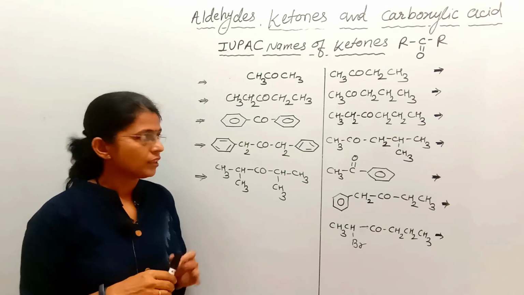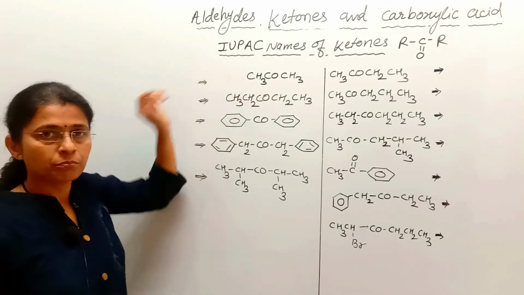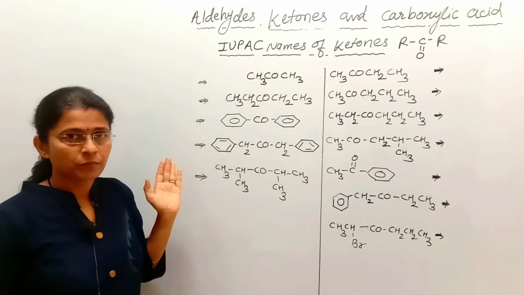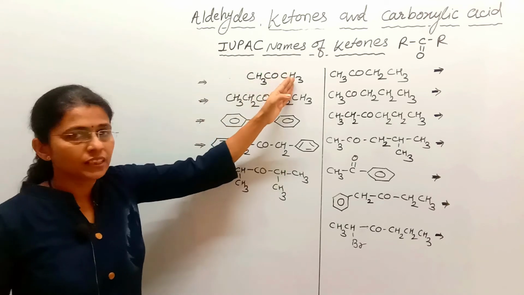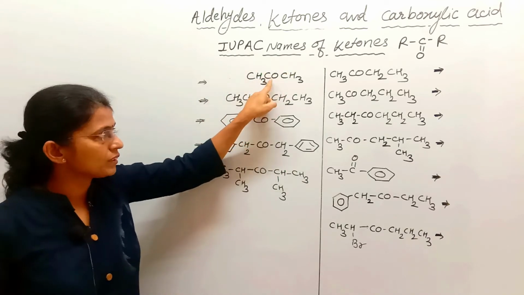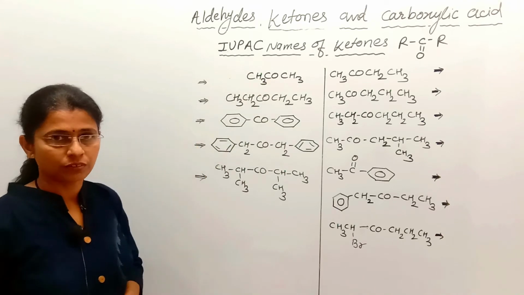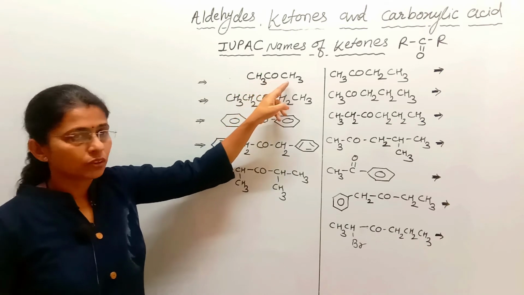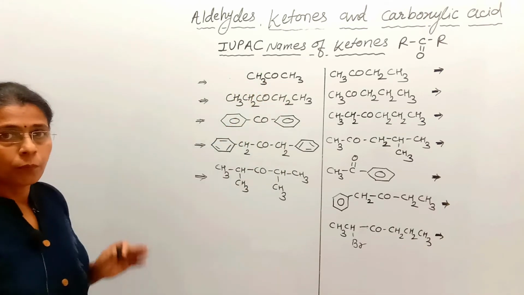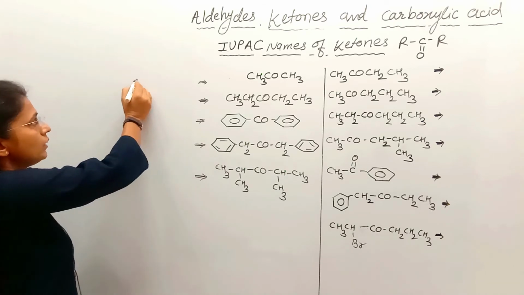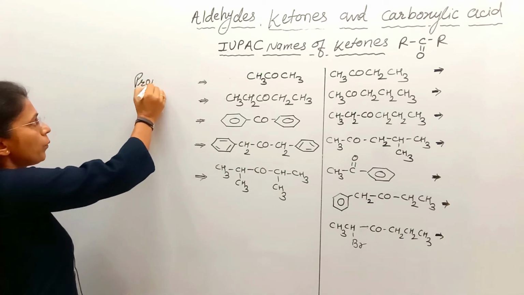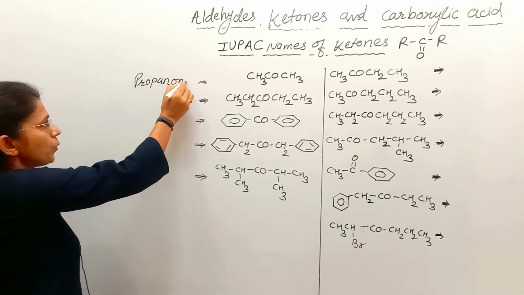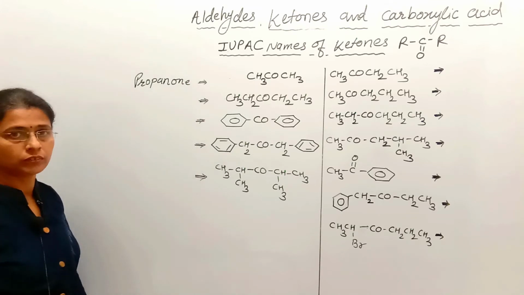So let's start. See here. In the first compound, 1, 2, 3 carbon atoms are there. You may number from any side, maybe from this, maybe from this, because CO is at the second position. So 1, 2, 3 means it is propane, and hence the name of the compound is propan. E is replaced by ONE, so propanone. Okay.